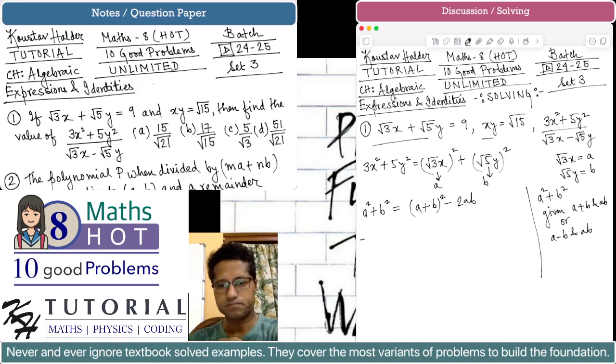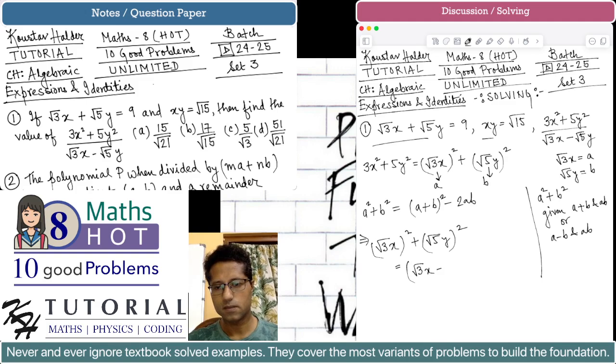Now we can say that from applying this identity, root 3x square plus root 5y square will be equal to root 3x plus root 5y whole square minus twice of ab, that is root 3x multiplied by root 5y.